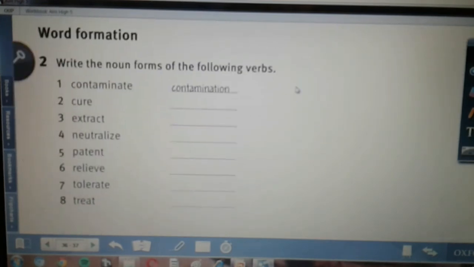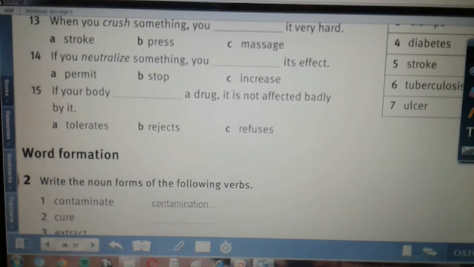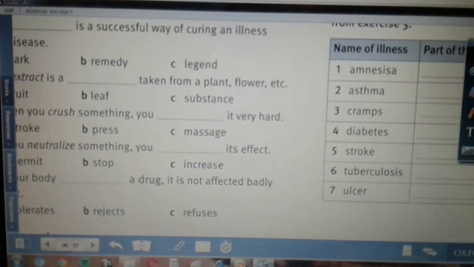So, you need to write the noun forms of the following verbs, like this one. Contaminate becomes contamination, and cure becomes cure, and finish the rest of the numbers.